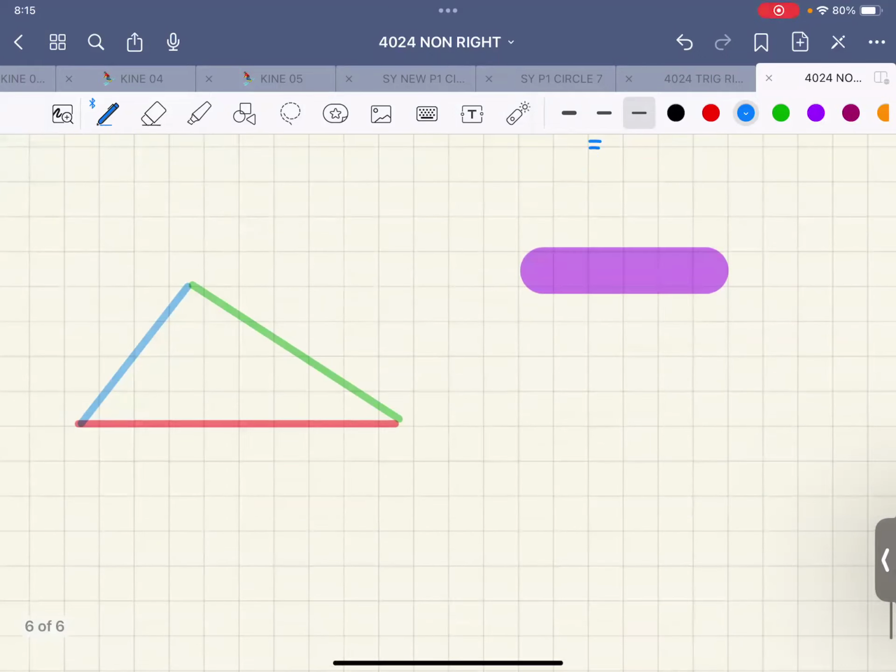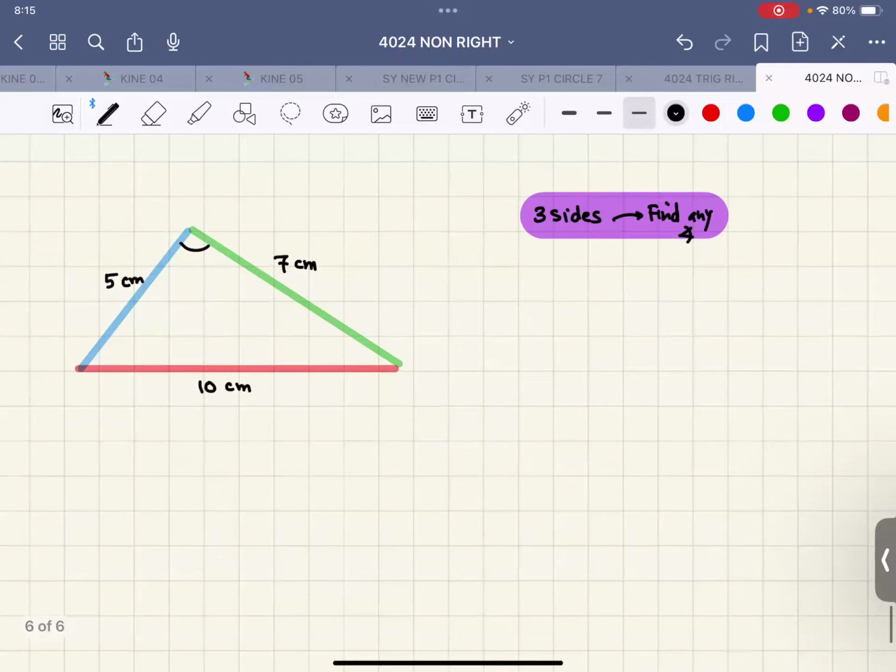Now, another one. This time, we are interested in 3 sides given, find any angle. Let's say this is 5 centimeter. This is 7 centimeter. This is 10 centimeter. We are focusing on this angle.